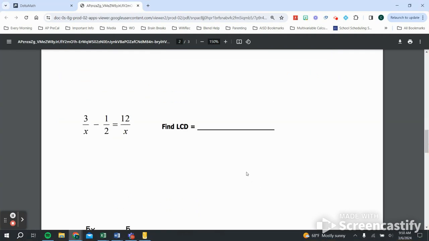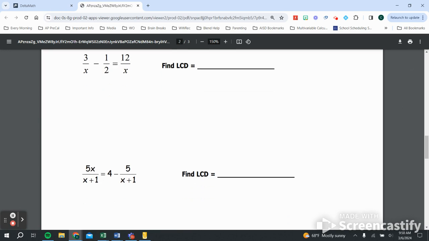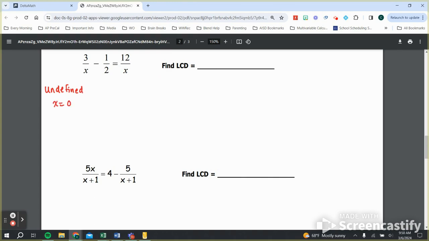Now, looking at this next one, you can see we have some x's in the denominator. So we would actually have to figure out where we're undefined. So we would be undefined at x equals 0.